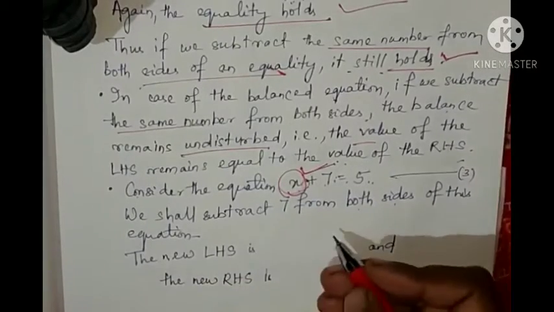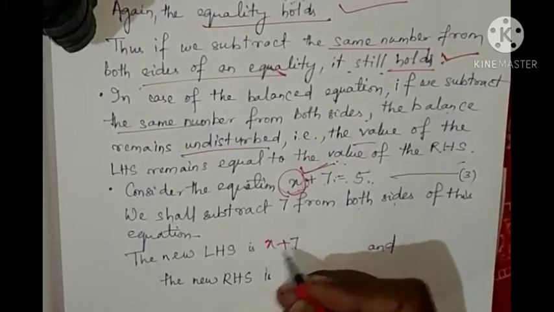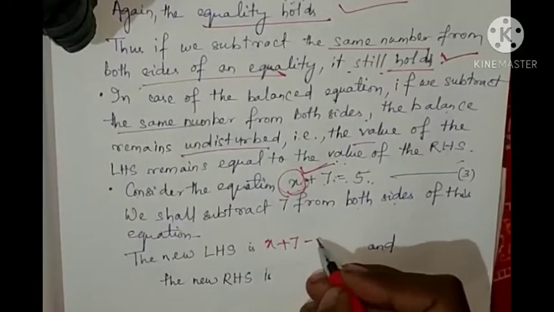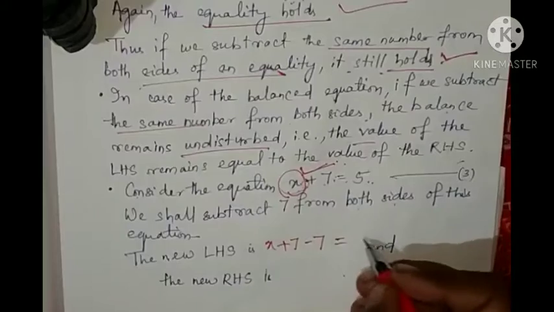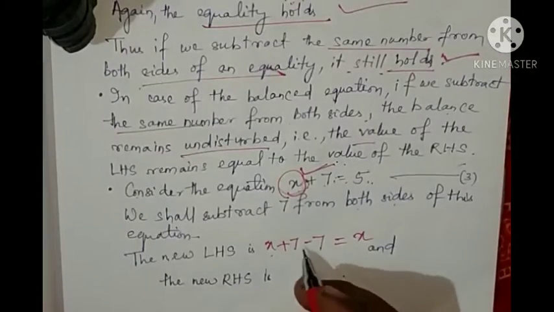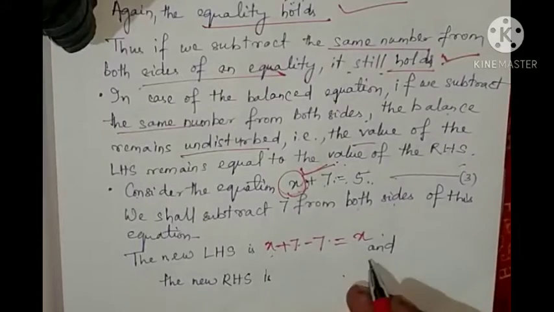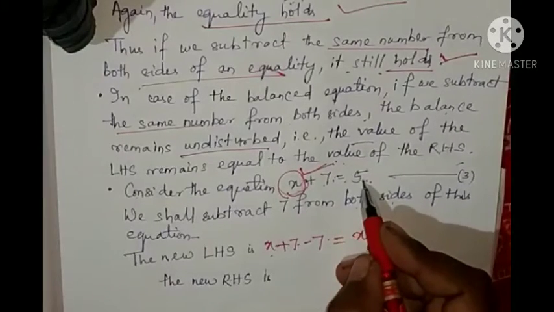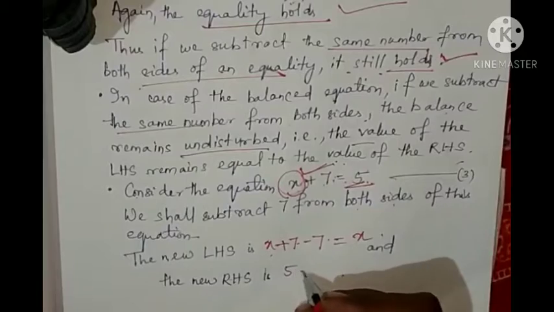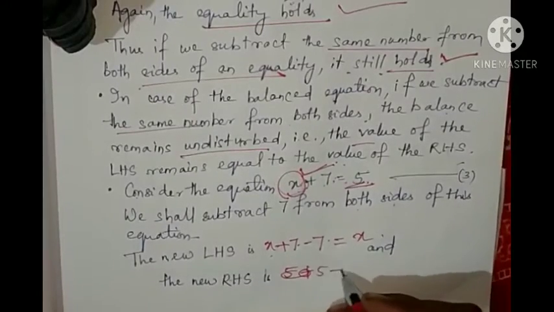So the new LHS will be x plus 7 minus 7, equal to x, because plus 7 minus 7 is 0. So you will get x. And the new RHS, RHS is what? 5 minus 7.